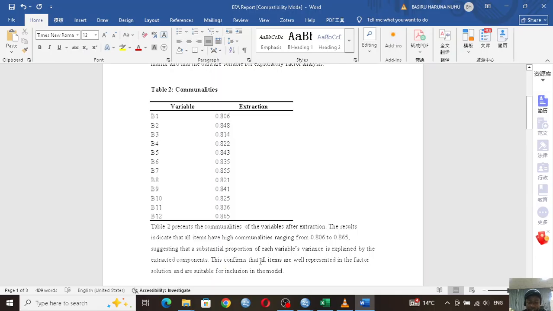This confirms that all items are represented in the factor solution and are suitable for inclusion in the model. That means each and every one of these fits into the group well, because I already explained the values you have to consider. That is 0.5 and above, and all of these are far more than 0.5.